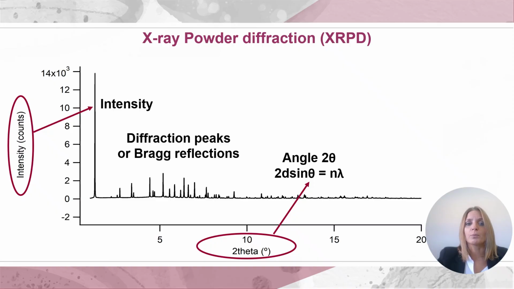Each set of interatomic planes produces a characteristic peak, which is called a diffraction peak or Bragg reflection. The resulting pattern represents the sample's fingerprint. So this means that each material has a peculiar diffractogram. Now let's see which information is contained in these diffractograms.